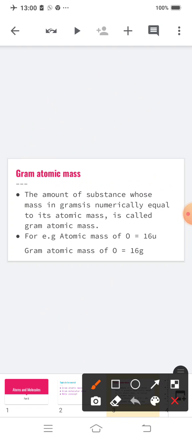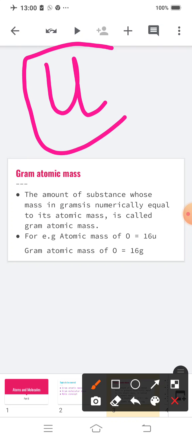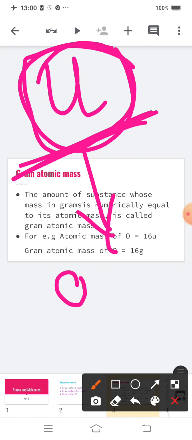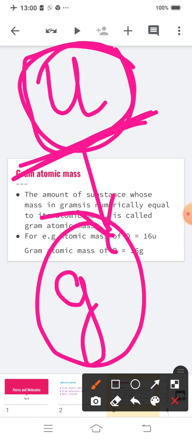You represent atomic mass with the help of u. So the unit of atomic mass is u. When this u is replaced by g, in that case your atomic mass is known as your gram atomic mass. Clear? In other words, the atomic mass of a substance expressed in grams is called gram atomic mass. Clear?